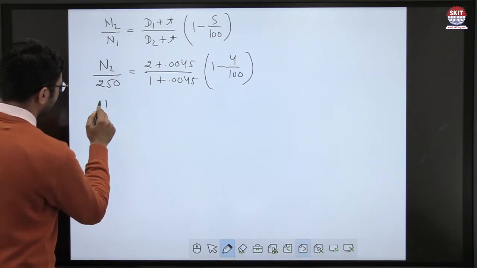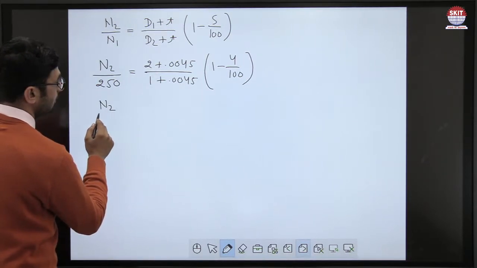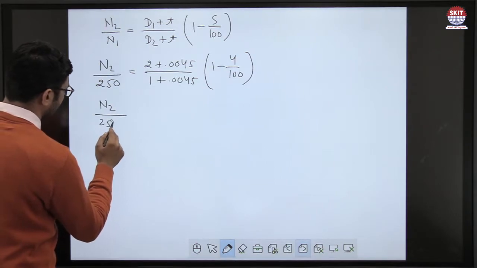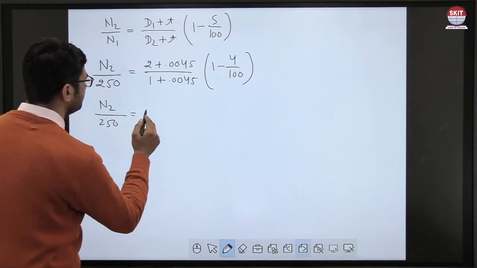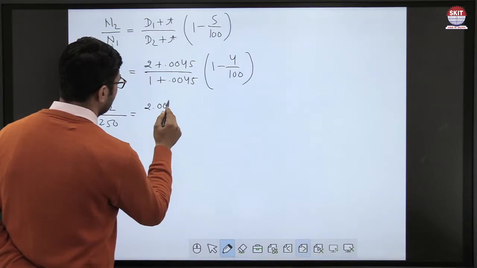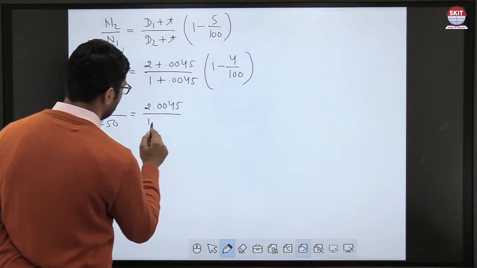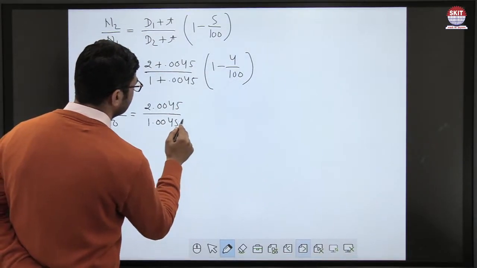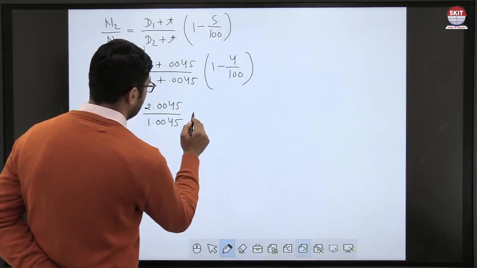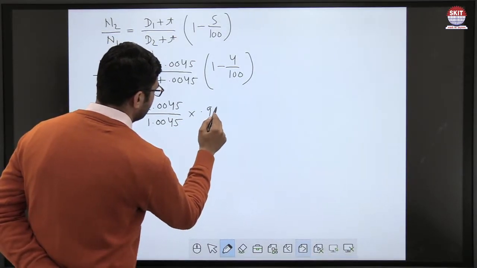So N2 upon 250 equal to 2.0045 upon 1.0045, and this value is 0.96.